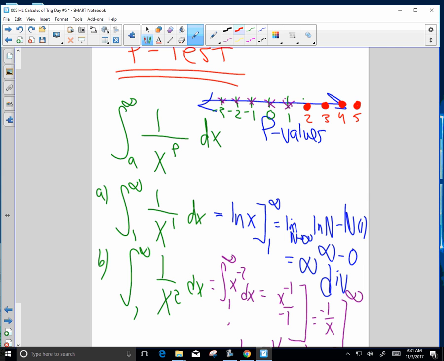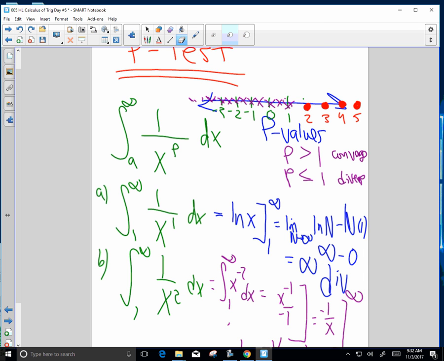And as it turns out, how about halves, like 1/2 or negative half, or all of these fractional powers? Those aren't going to work either. You could test them if you wanted to, but as it turns out, if p is greater than 1, they will converge. If p is less than or equal to 1, it's going to diverge.